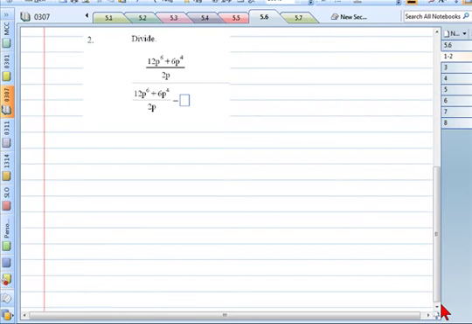Let's look at number 2: 12p to the 6th plus 6p to the 4th all over 2p. I've only written that again so that you can see it here in the classroom. If this denominator is a monomial, one term, then I can separate it.